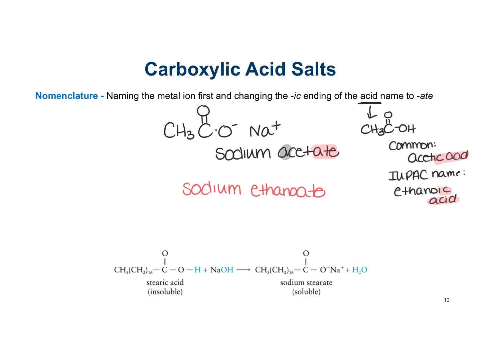When we look at this, I want you to notice that it's named in the exact same way. It's stearic acid. We drop the ic acid component, and then instead we add the ate component, and we name the cation in the front. So even the larger carboxylic acids are named in the same way.